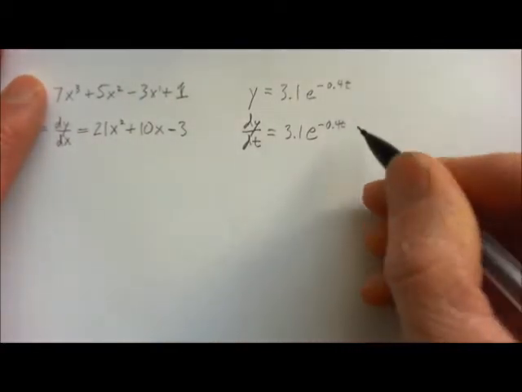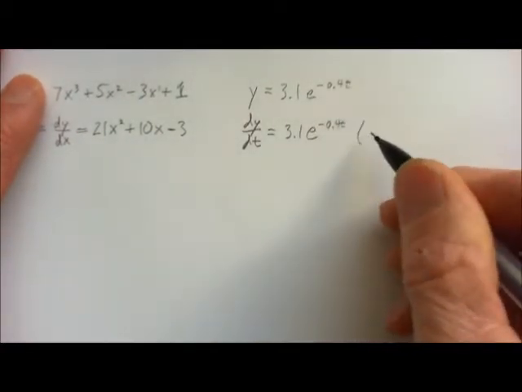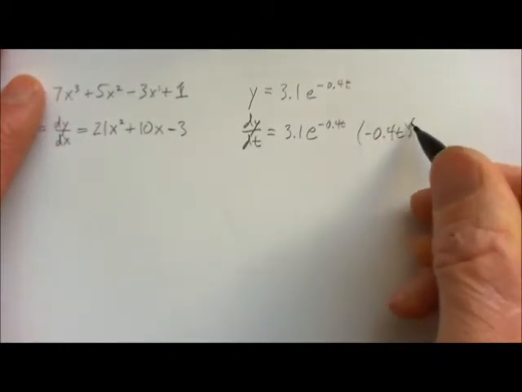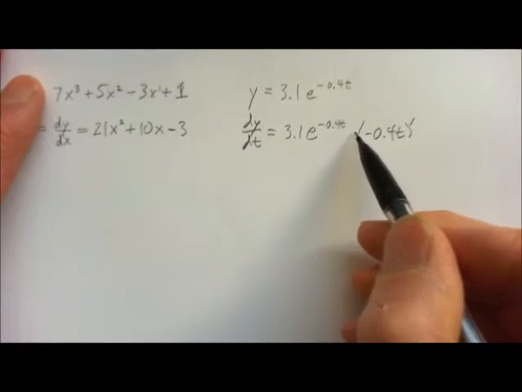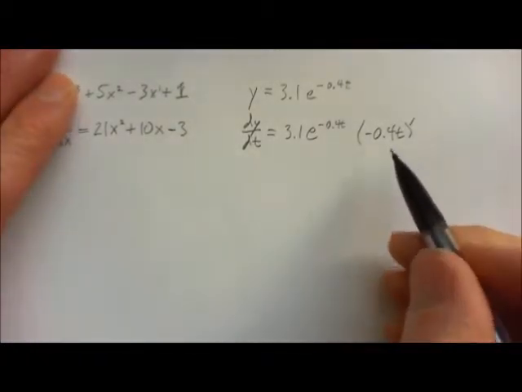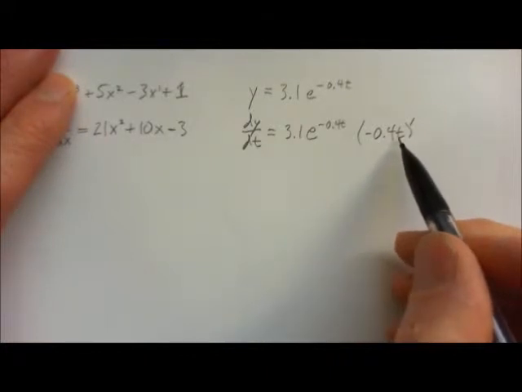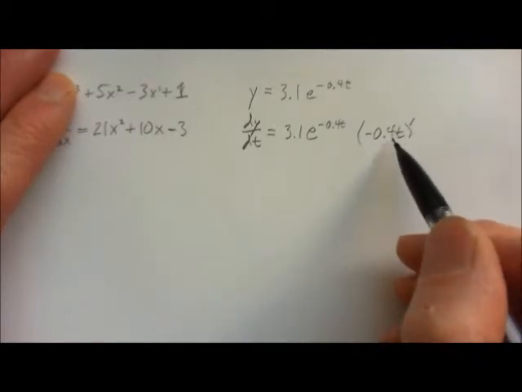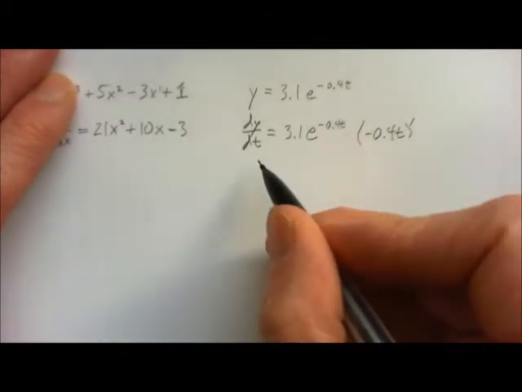But then what we have to do is take that power itself, the negative 0.4t, and take its derivative and multiply it on. By not putting any symbol here, I've indicated that this is a multiplication. And of course, the derivative of negative 0.4t is just negative 0.4. So we end up here with a negative 0.4 that we can then multiply by this 3.1.